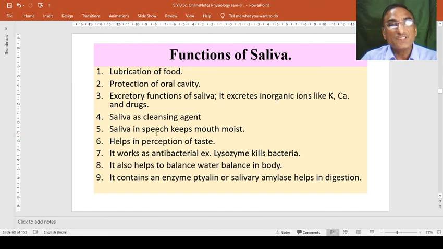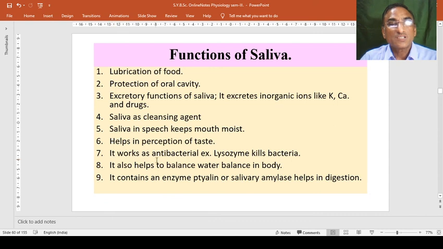Saliva in speech keeps the mouth moist. Saliva also helps in the perception of taste. Whatever taste our tongue gives is only due to the saliva, which mixes with the food and enters the taste buds of the tongue.